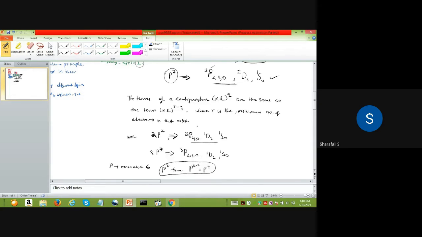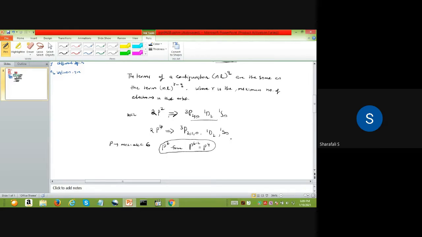Similarly, if you consider any other states, for example d3 and d7, they have the same spectral terms because the maximum is 10 for the d orbital. So whatever spectral terms correspond to d3 will be the same as that of d7.